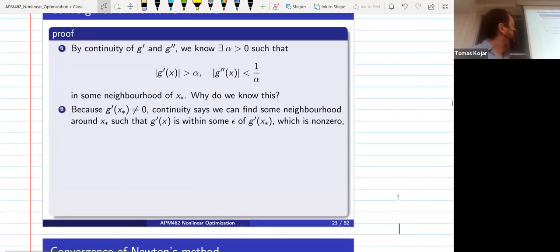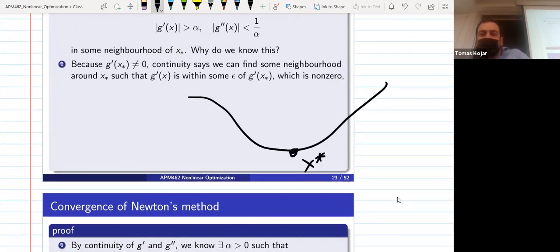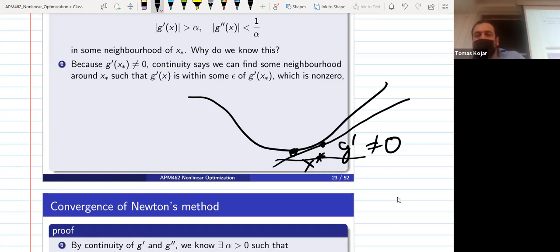Okay. We know that G prime is not 0. The picture is, here's your graph. This is X star. We know that the second derivative, which we called the slope, G prime, is not 0 at the point.